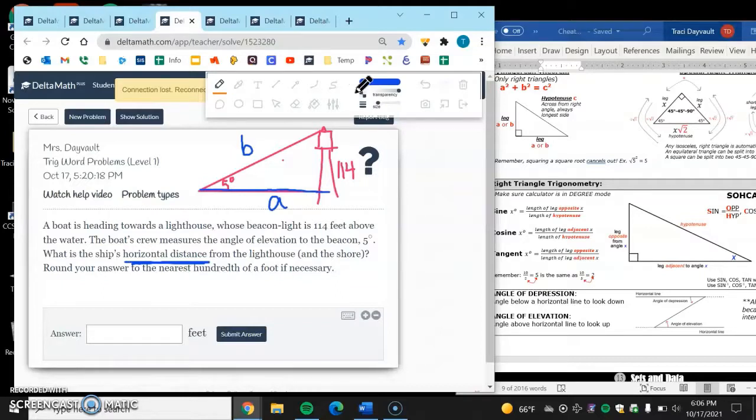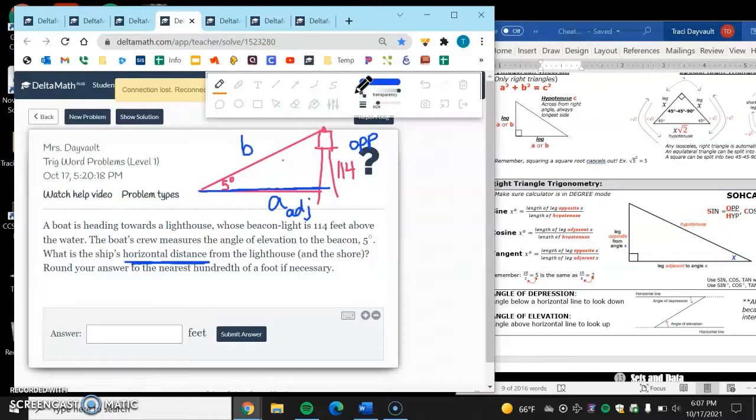So that's the horizontal distance. Then I've got my 114 as my opposite side from the reference angle. And then the leg I'm trying to find is the adjacent side.